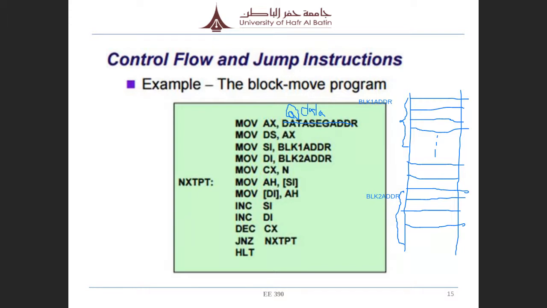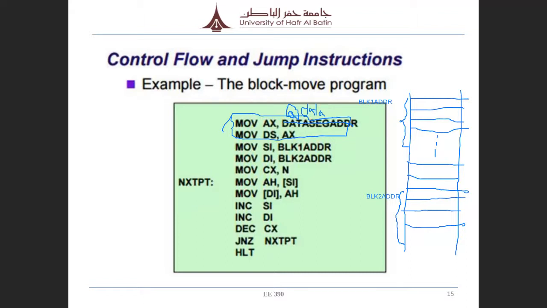So this one we already use. These two lines are for initializing the data segment: move AX comma @DATA and then move DS comma AX. Now then move SI comma BLK1ADDR, because the name of the data is assigned to a variable BLK1ADDR.